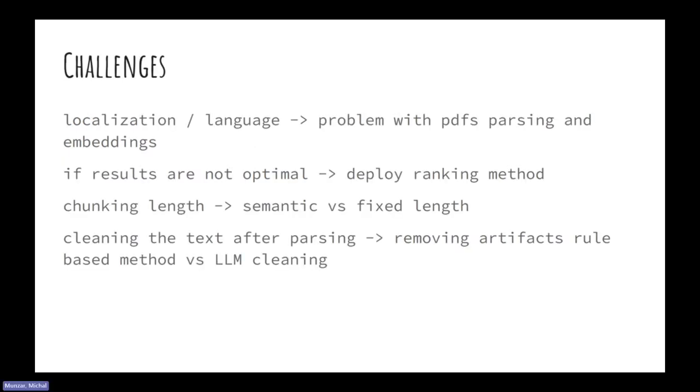And there are several challenges about the whole process. First of all, policies can be local. So when we talk about embeddings, they are mostly done for a given language.